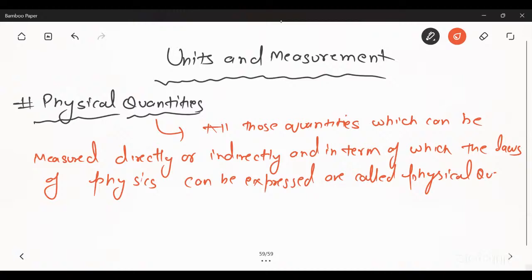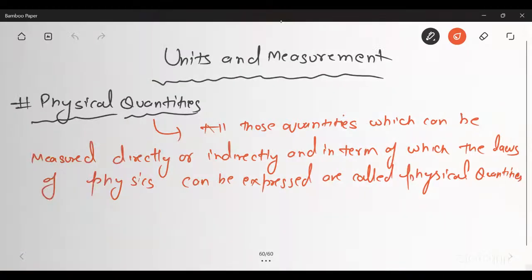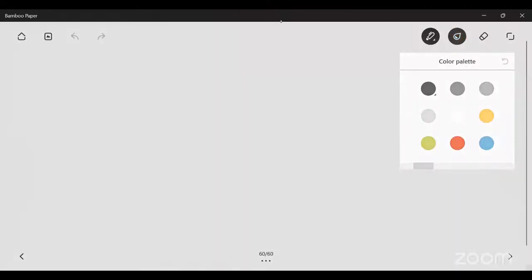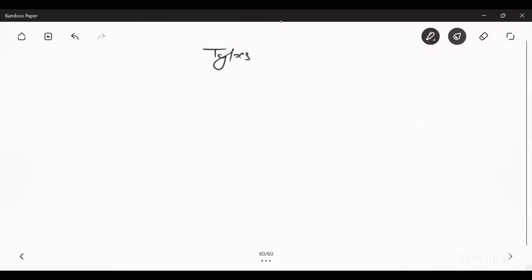Okay. Now, we have two types of physical quantities. First is fundamental quantities and second is derived quantities.